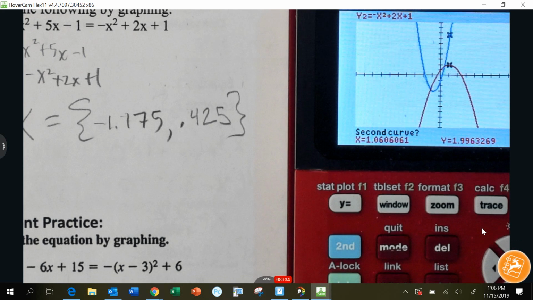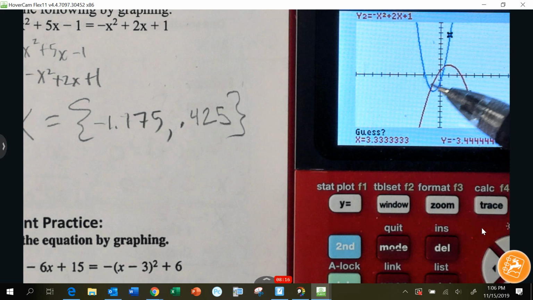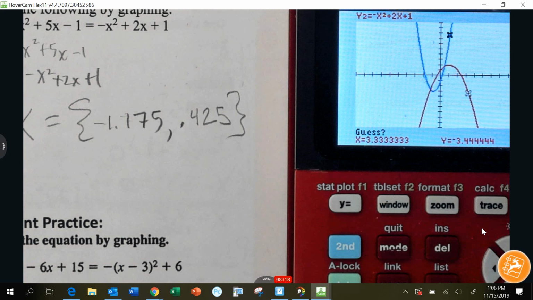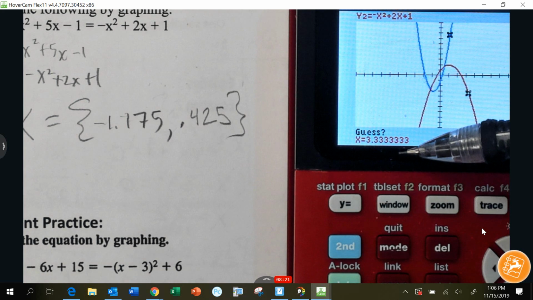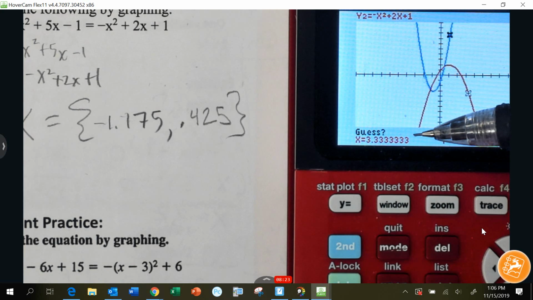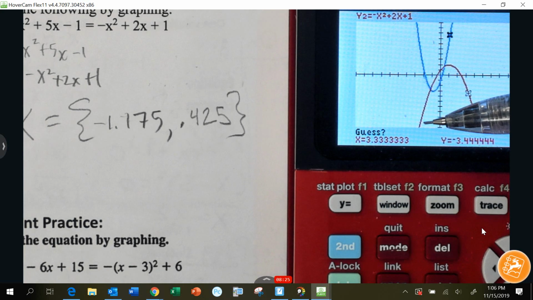And if I can't tell that I'm on the red one, I'll just move over, and now I see it is on that one. Since mine's in color, the numbers change colors, so I can tell which one I'm on. If you don't have the color one, it is harder to tell.